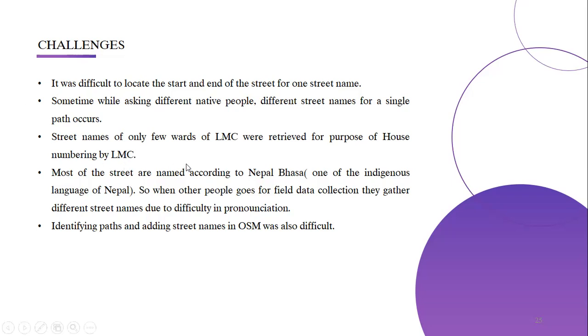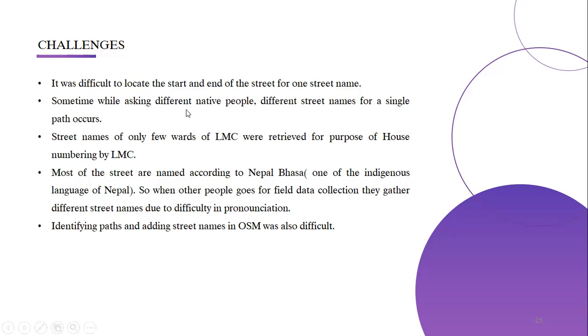So retrieving this data was quite challenging. Most of the streets are named according to Nepal Bhasa, which is one of the indigenous languages of Nepal. And the pronunciation of this language is quite difficult for the other tribes. So when other people go for field data collection, they get a different street name due to difficulty in pronunciation.